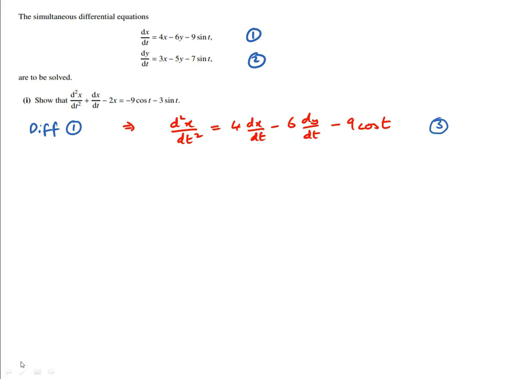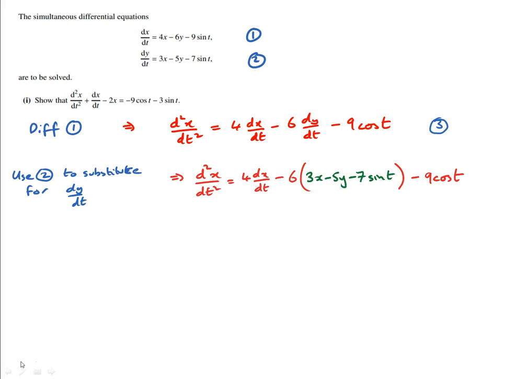Having got that, I can now substitute for dy by dt and obtain d2x by dt squared equals 4 dx by dt minus 6 lots of (3x minus 5y minus 7 sine t) minus 9 cos t.